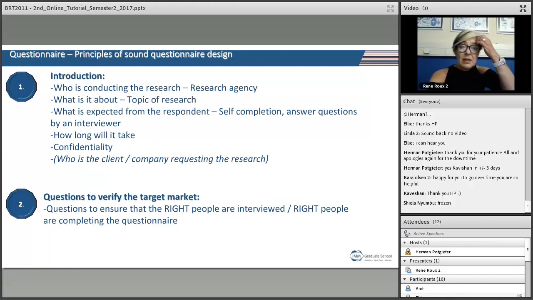Now, number 3 is the principles of questionnaire design. Remember, your questionnaire will always have an introduction. Who is conducting the research? Which research agency? If there's an interviewer involved, who is the interviewer? What is the research about? What's the topic about?